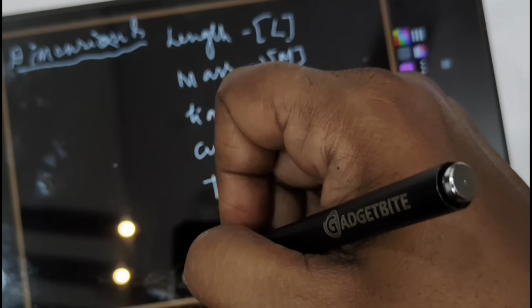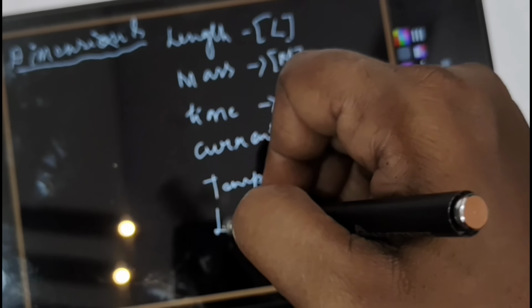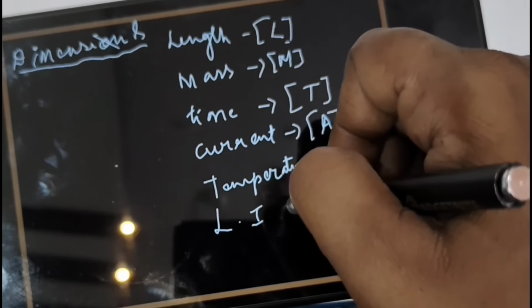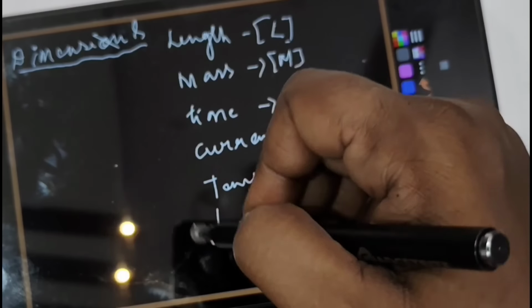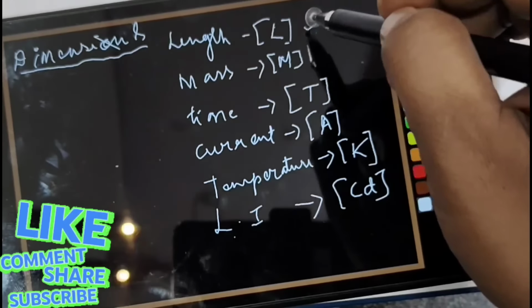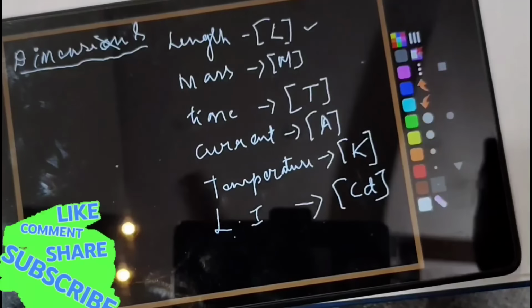Then luminous intensity, we will take it as CD, because we cannot take L because already we have taken for length L. That's why we'll take it as CD.